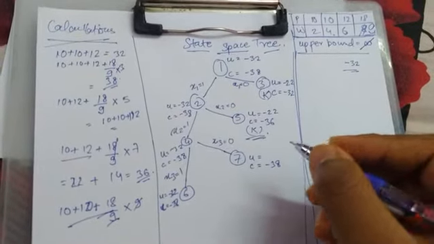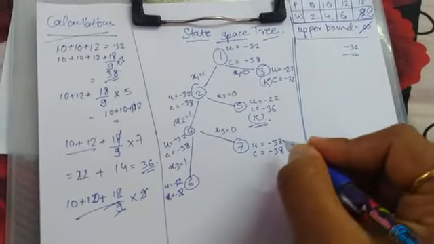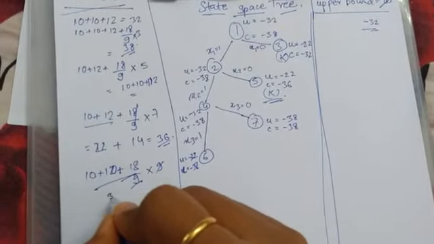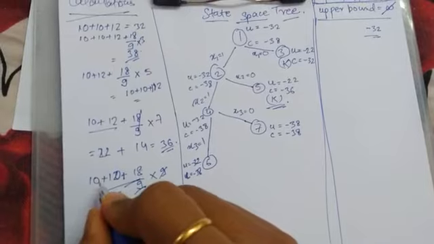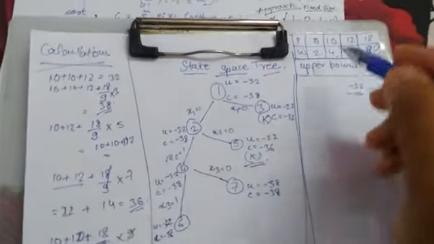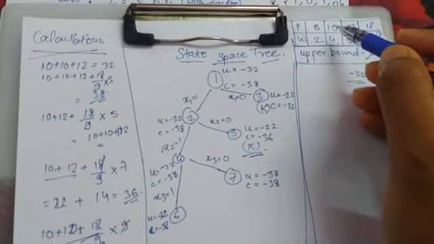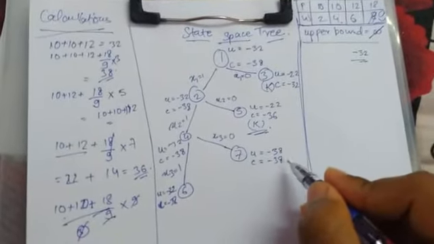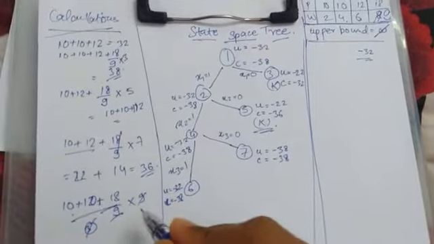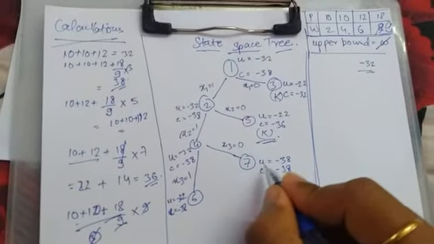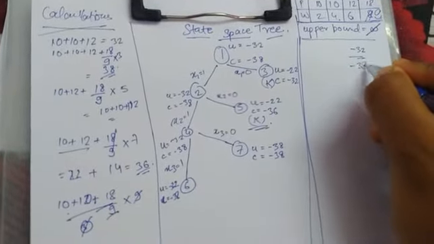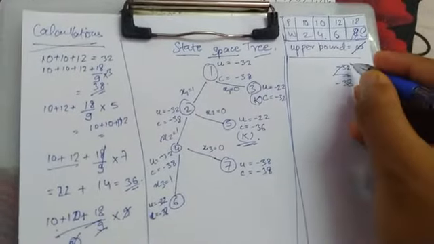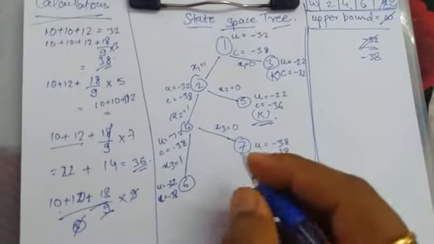Is it right? Yeah, it is right, because now we are not including the third object, so we are including the first, second and the fourth object, which have the profit of 10, 10 and 18, which is 38, minus 38 here, and cost is minus 38 as we calculated here. So now the upper bound is minus 38, which is lower than minus 32, right?